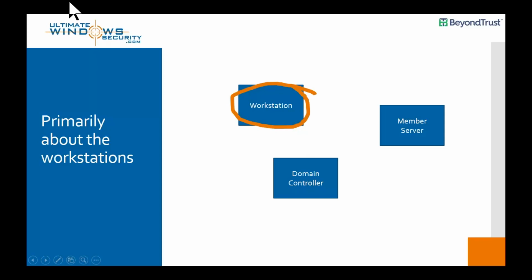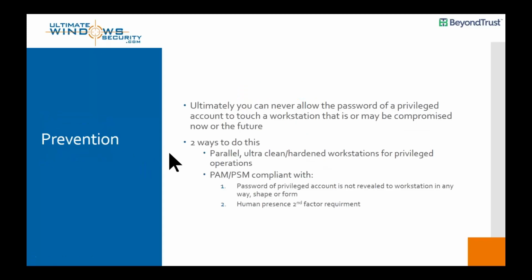Yeah, and so the majority of these attacks begin and get the most mileage out of the workstation, whether it's an end user workstation that an admin has logged onto at some point, or it's actually the admin's workstation. So that's why I'm saying a lot of this risk is about workstations.